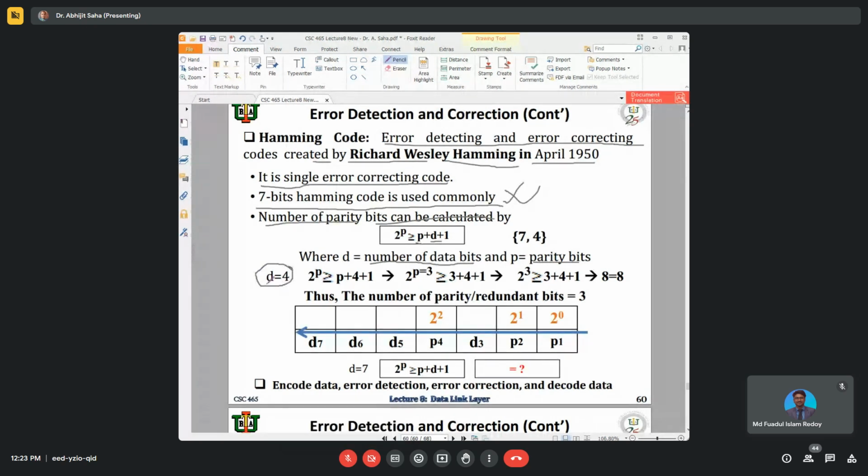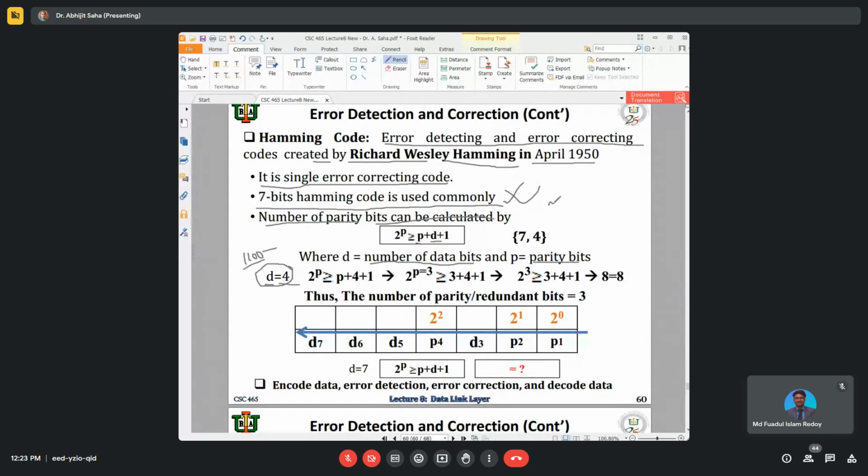So if my data is 4 bits, for example 1100, this is my data. For that 4-bit data, how many parity bits do we need to use with the Hamming code? You have to find that out, so you need to take the help of this formula.